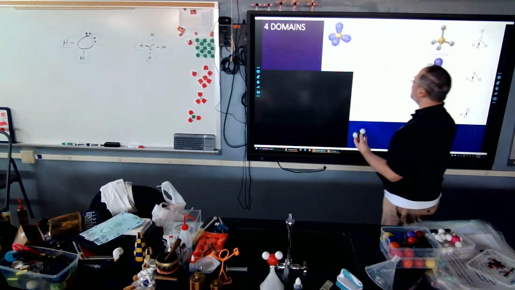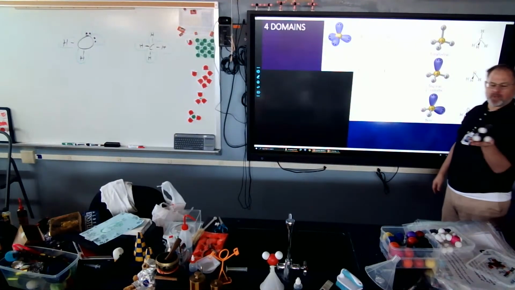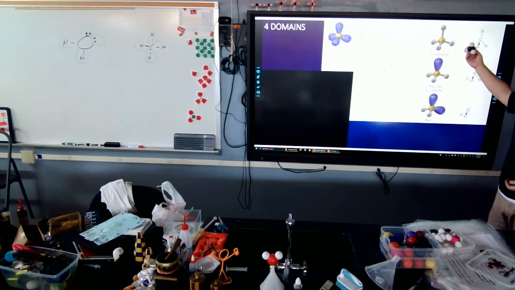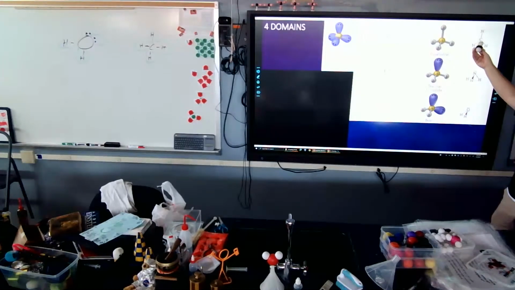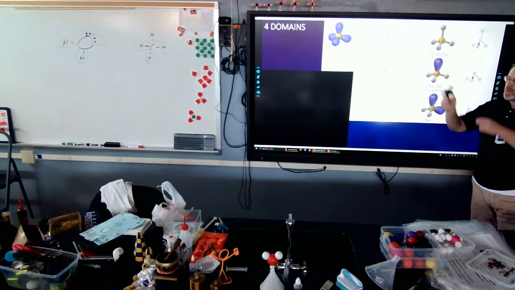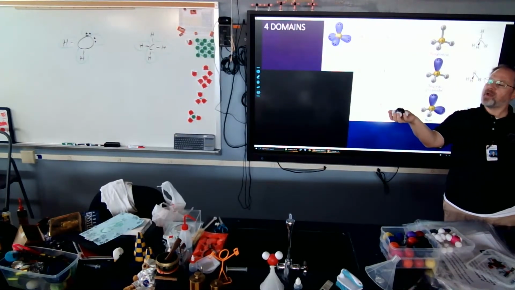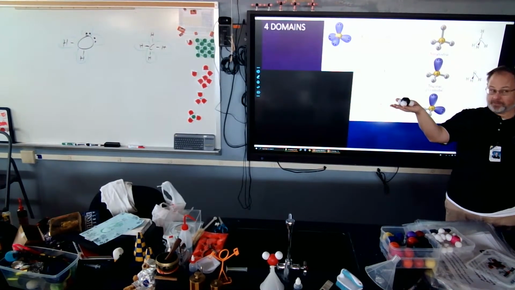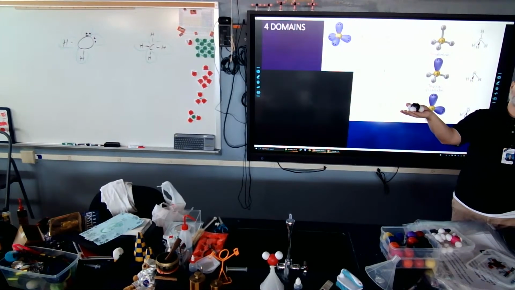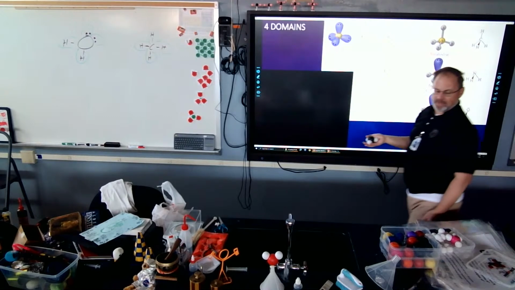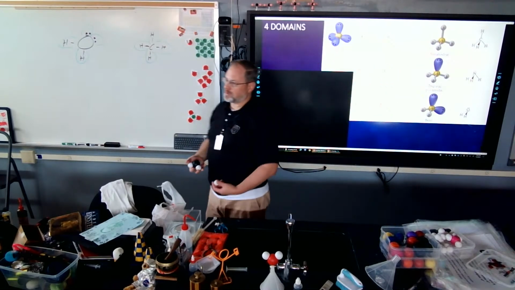So if you have 4 domains, you have a tetrahedral fundamental geometry, or electronic geometry. If you are 4 of 4, like with methane, then your molecular geometry is also tetrahedral. If you pop one off, now there's only 3 of 4. It makes a triangle pyramid. So if 3 of 4 are bonding, your geometry is called trigonal pyramidal.